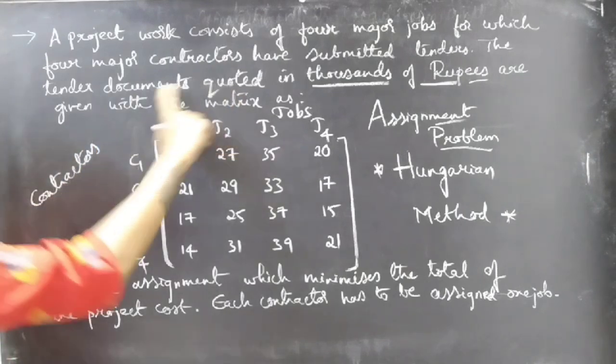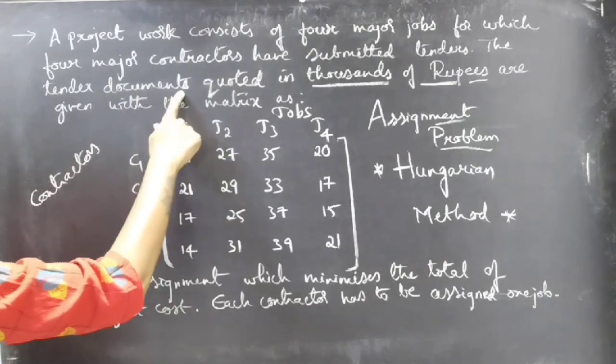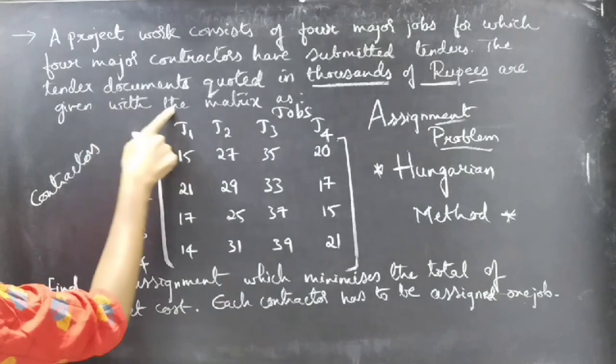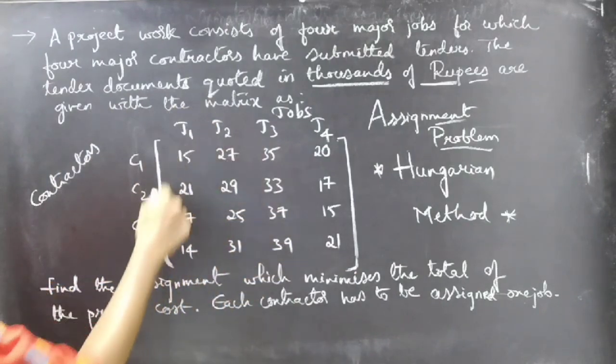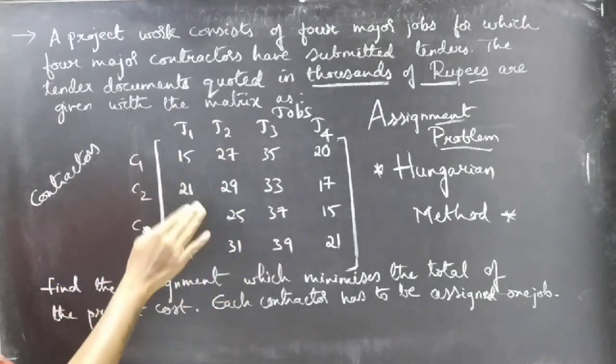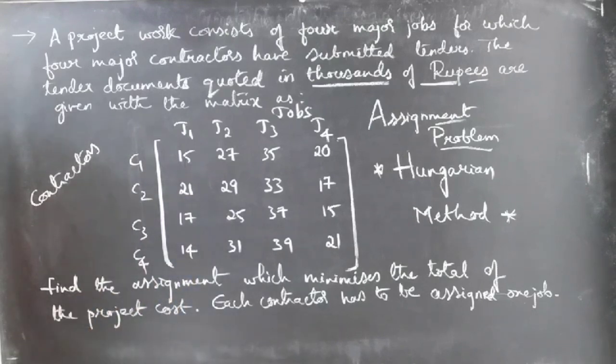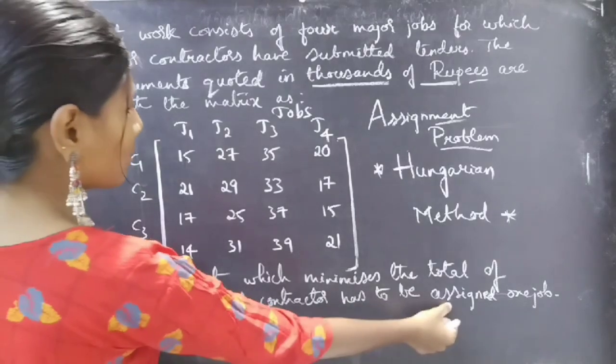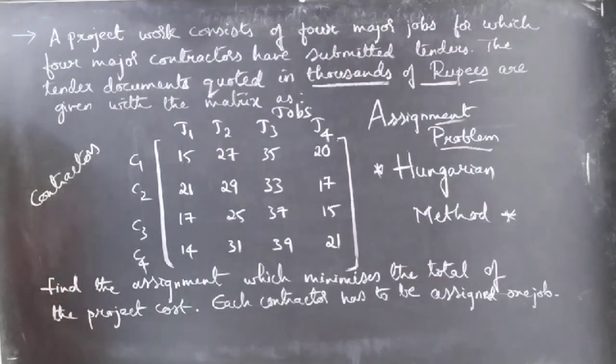I mean, tender documents quoted in thousands of rupees are given with the matrix. So we are given a cost matrix. It is in thousands of rupees. Now coming to the problem, we have to observe that each contractor has to be assigned one job.